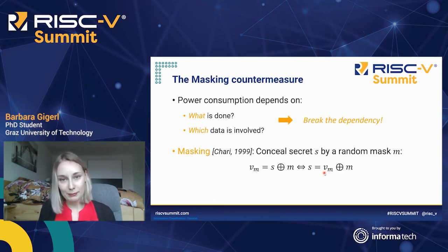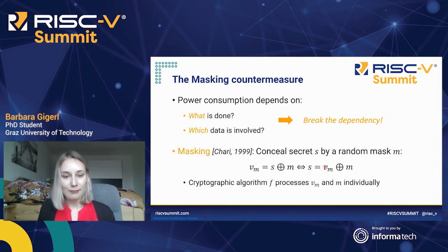In the case of Boolean masking, which we consider with our verification approach, we can establish the sharing by computing the XOR between the masked value and the mask. And the good thing is, the cryptographic algorithm does not operate on the secret data directly anymore, but rather on the shares. And since they are random, the power consumption will not reveal anything about the secret data anymore.